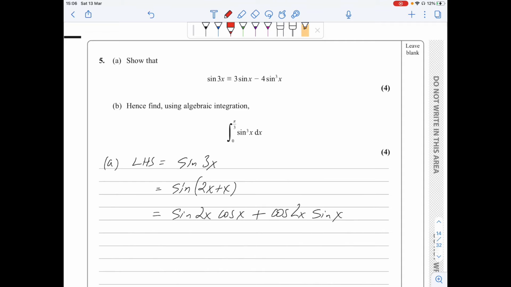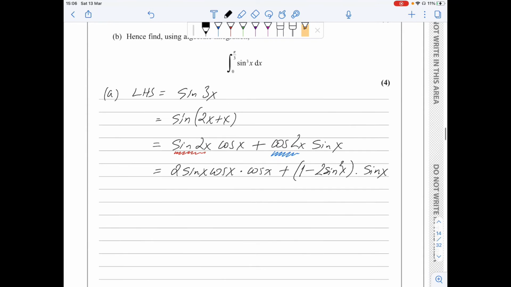Then I will use the double angle formula for sine 2x and also for cos 2x. The one for sine 2x is 2 sine x cos x times another cos x plus, and for cos 2x I will use 1 minus 2 sine squared x times another sine x at the end.